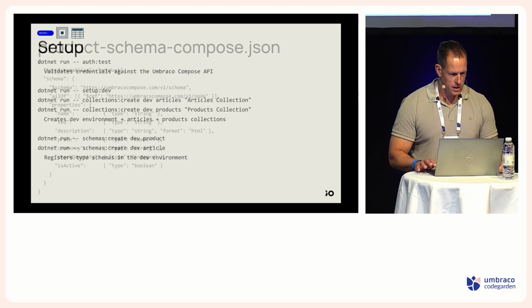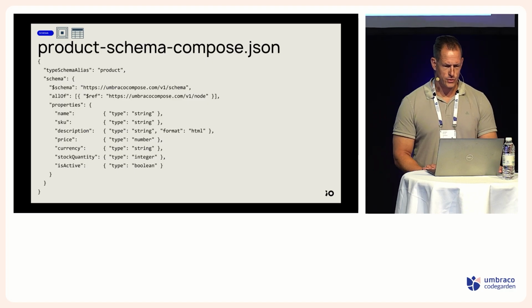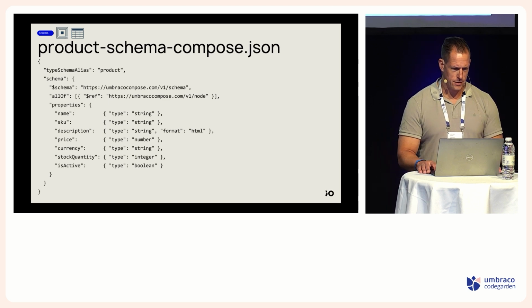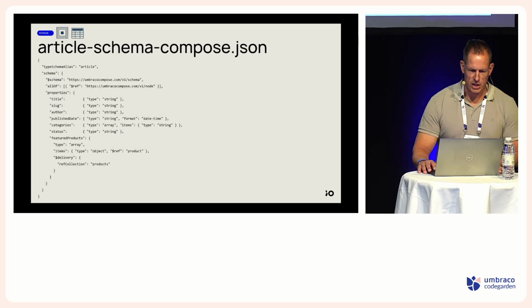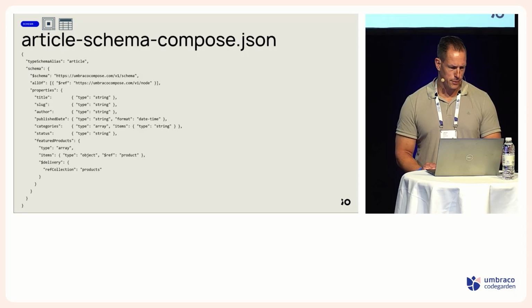So let's see. This is the product schema that I just created for the collection. We have a name, description, price, just some normal product fields that we need. And here we have the article schema, and this is a bit more interesting. So here we have things like title, author, publish date.